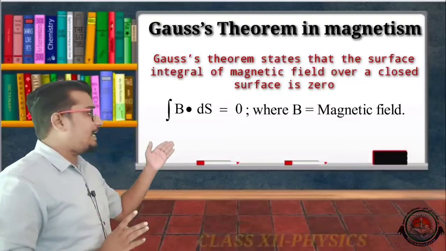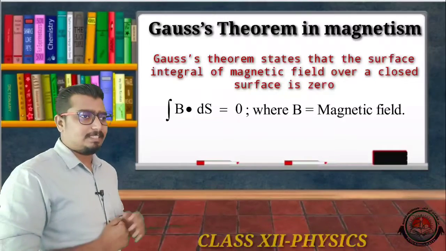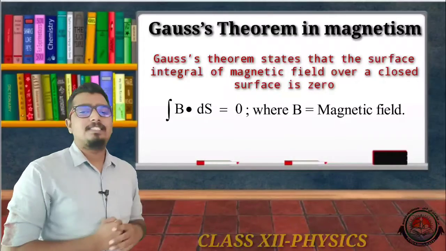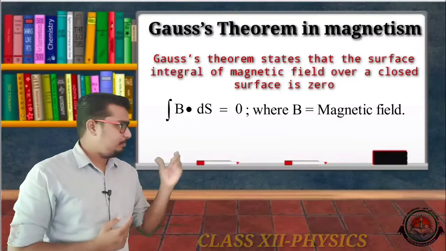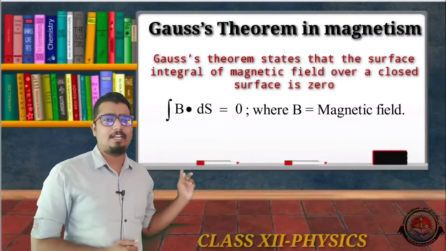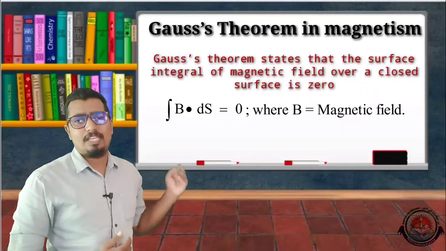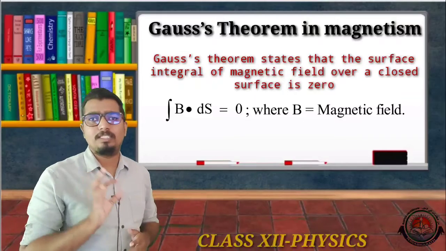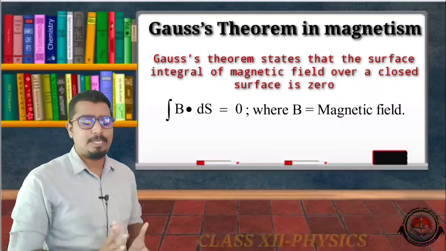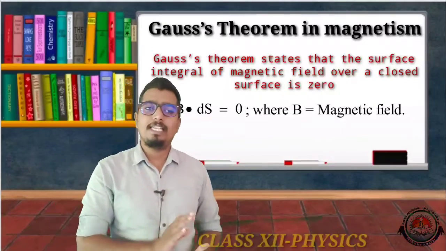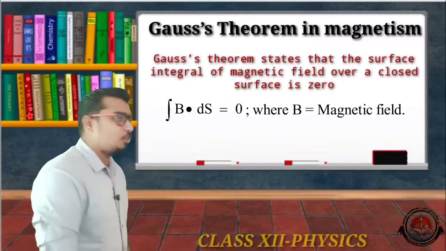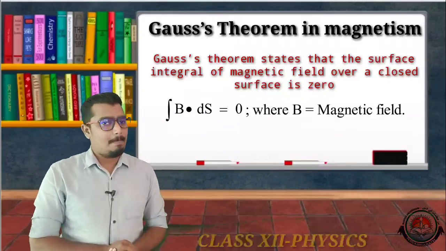That is, the surface integral of B dot ds equals 0, where B is the magnetic field. This is Gauss's theorem in magnetism.